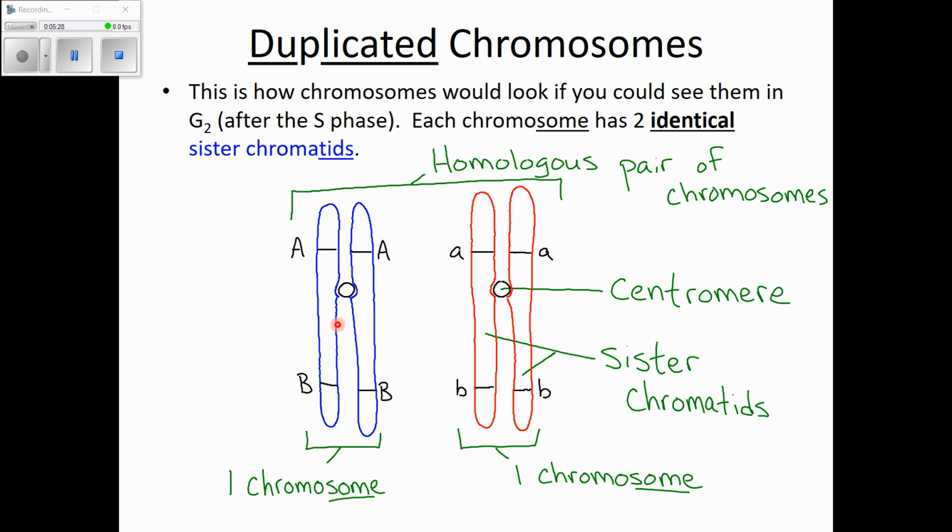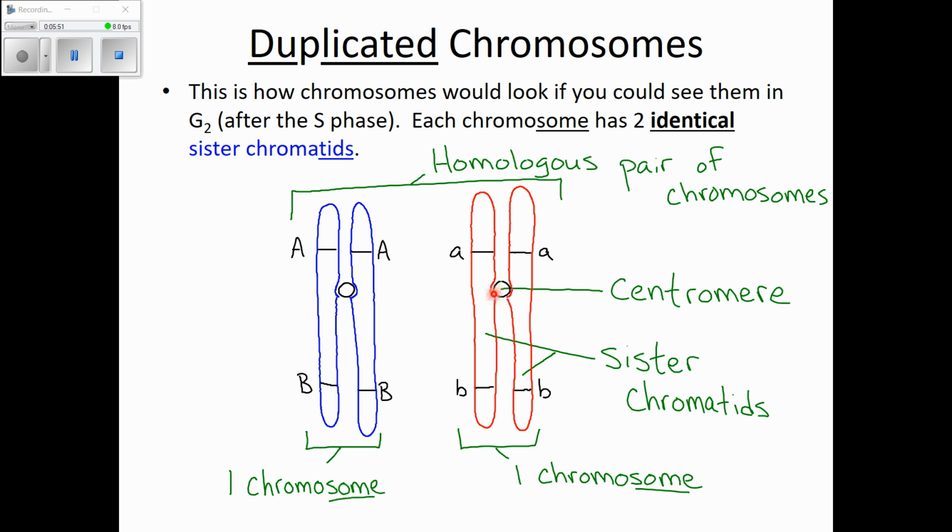The area of DNA that kind of joins the two chromatids together is called the centromere. And you can't see it in this picture, but on either side of the centromere, like right here, and then on the other side right here, there's a special protein called the kinetochore.